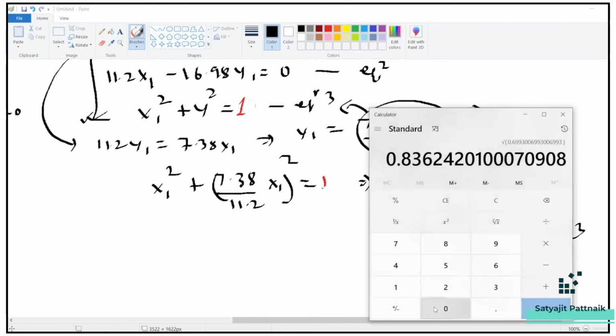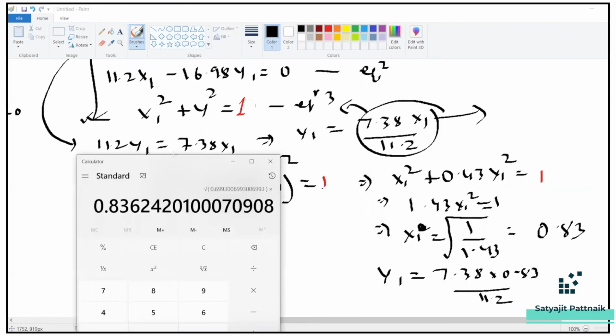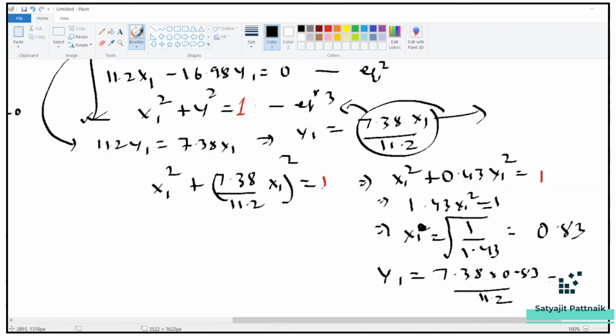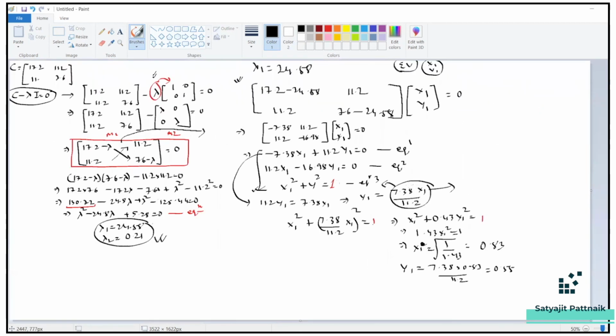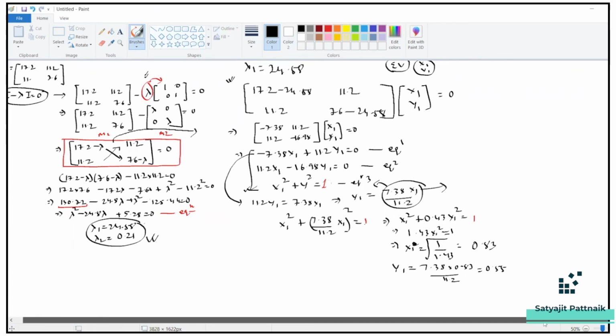So 0.83 into 7.38 divided by 11.2, 0.55. Now I just minimize it and then expand it further. I hope you got the point. So I have my x1 value as 0.83 and y1 value as 0.55.